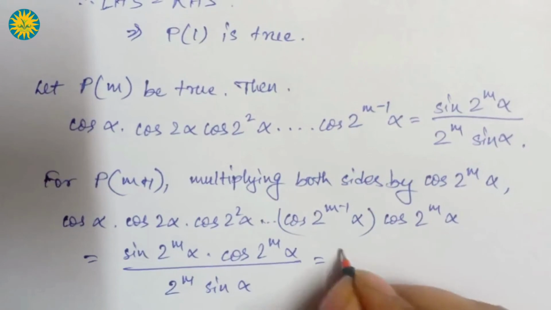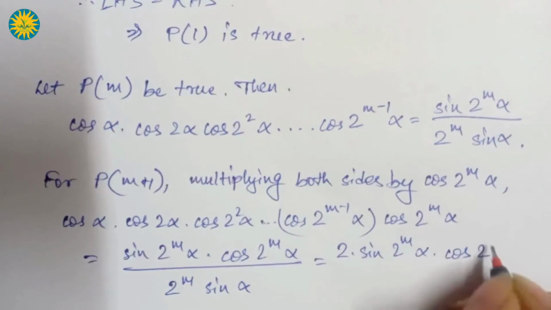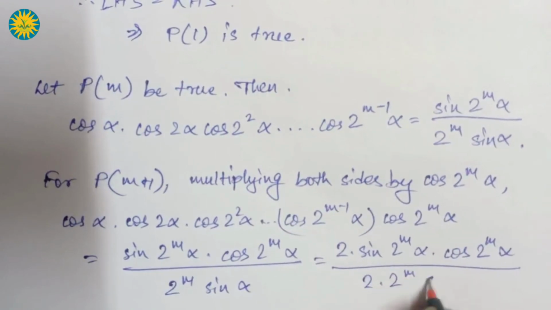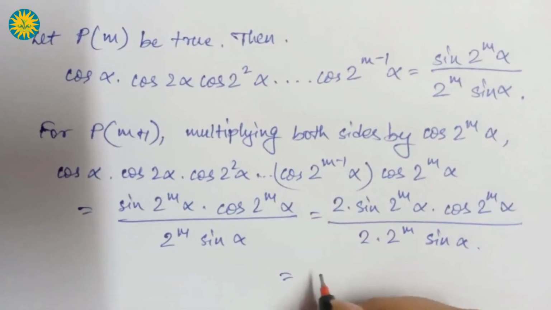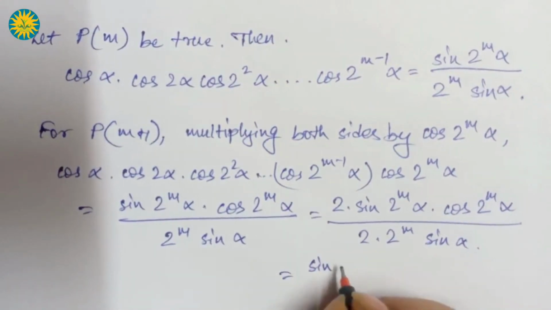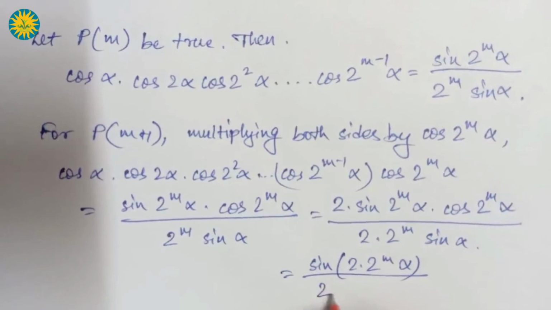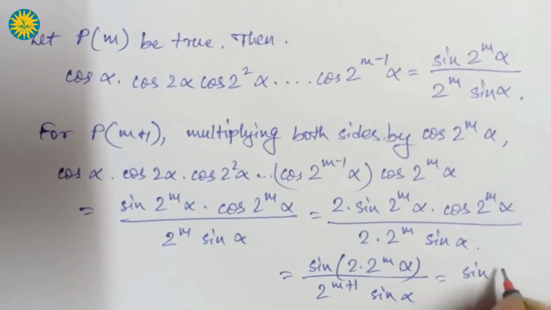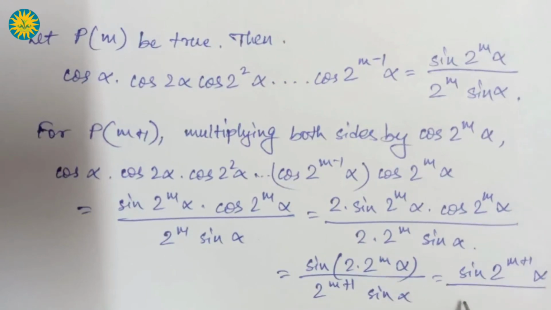Now this equals 2 into sin 2 to the power m alpha cos 2 to the power m alpha by 2 into 2 to the power m sin alpha, and this gives us sin 2 into 2 to the power m alpha by 2 to the power m plus 1 sin alpha, which equals sin 2 to the power m plus 1 alpha by 2 to the power m plus 1 sin alpha.